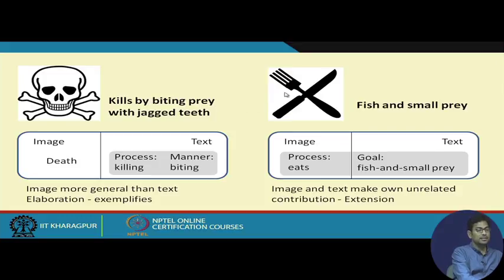Whereas, if you look at this particular image, there is a fork and there is a knife, and then you say fish and small prey. So, here the image represents eating, something to do with eating, whereas the text is talking about fish and small prey. Now, here the image and text make their own unrelated contribution.